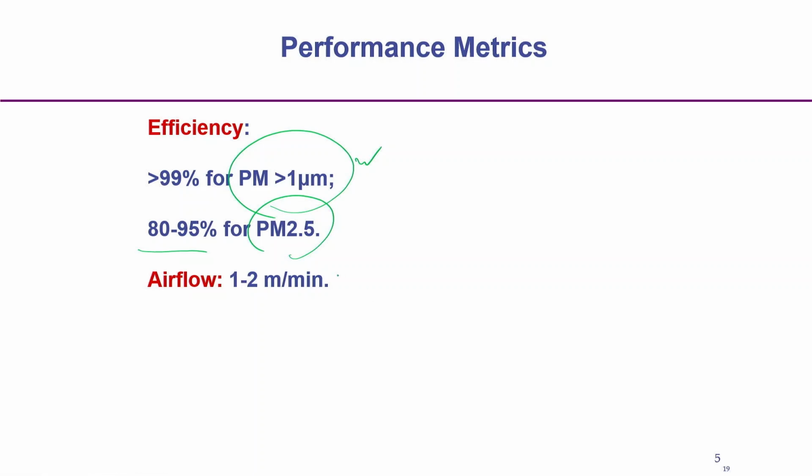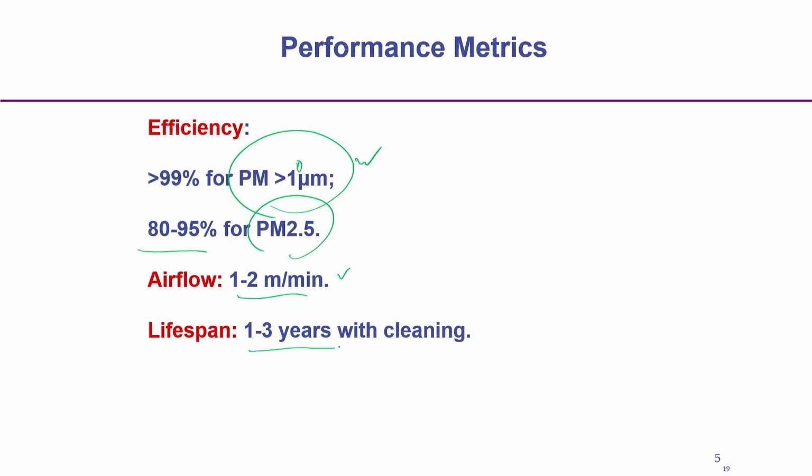It allows the speed, basically it will be PM 10, basically 10 micron, and it allows the airflow of 1 to 2 meter per minute, and lifespan is 1 to 3 years.